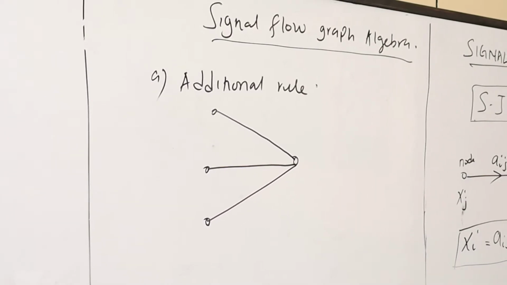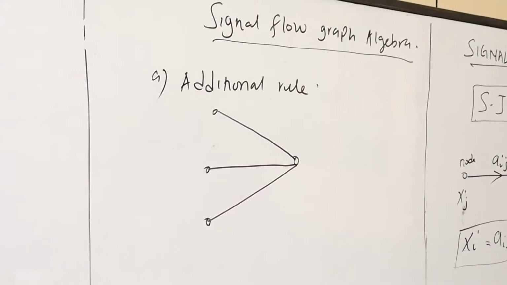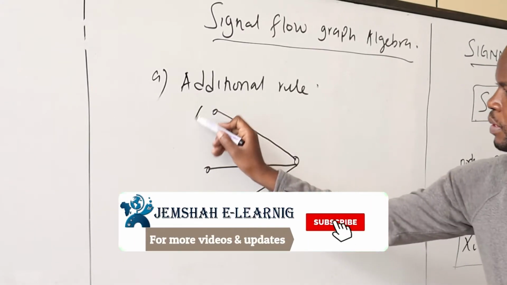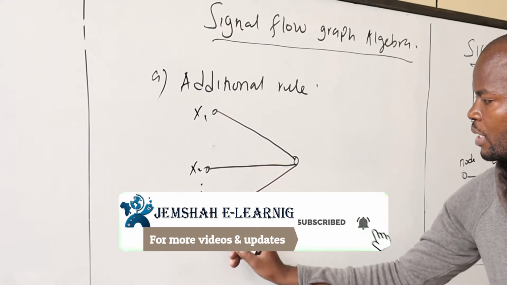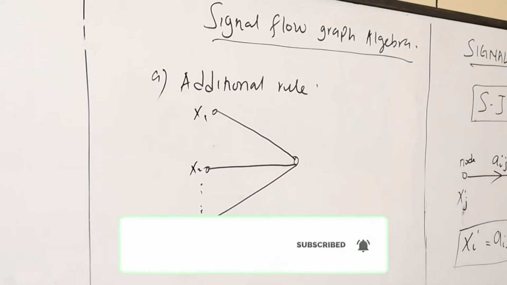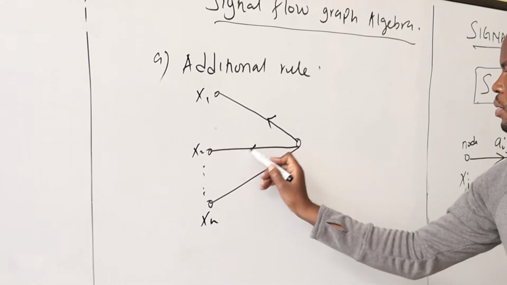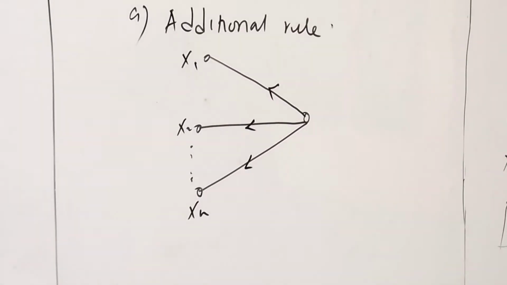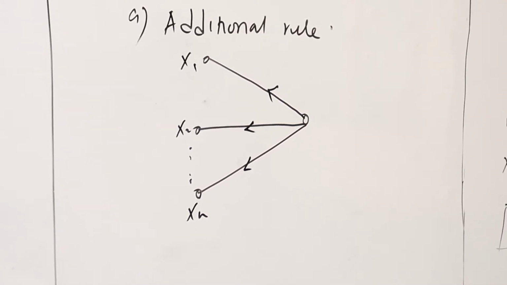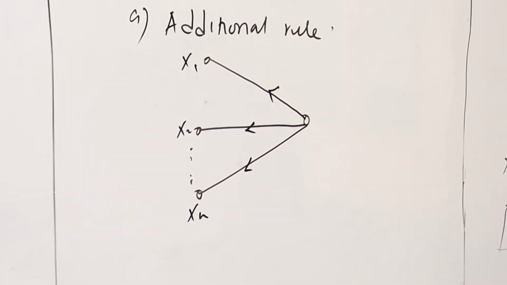From these nodes, we have x1, x2, then maybe several nodes in between, then xn, with the branches moving in that direction into our node xi.